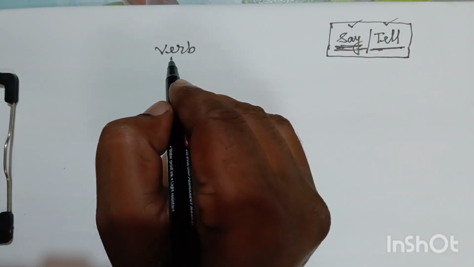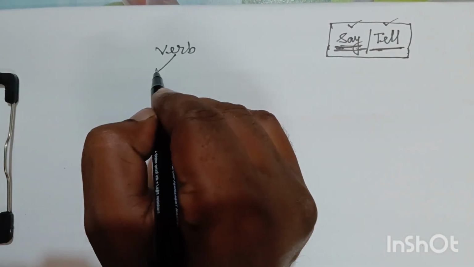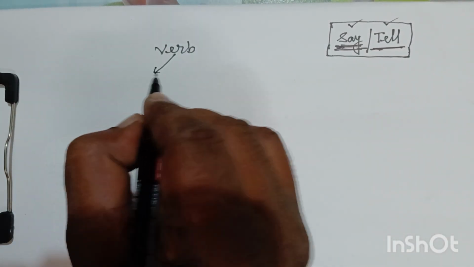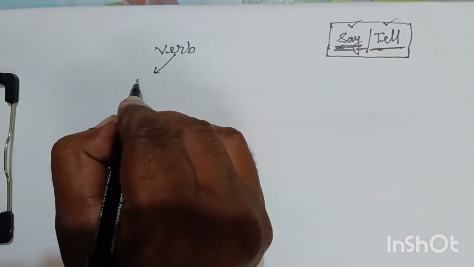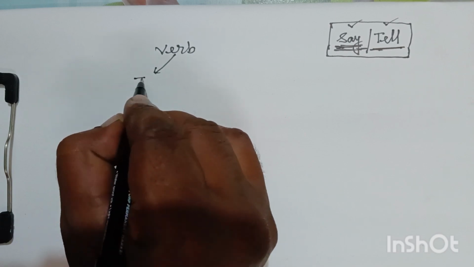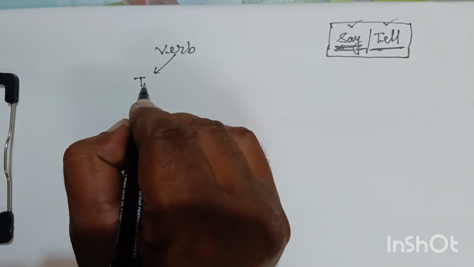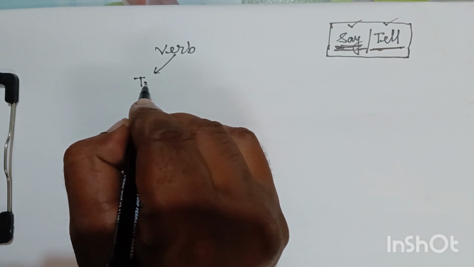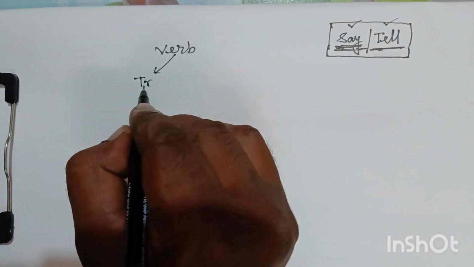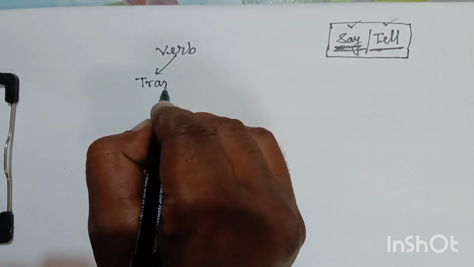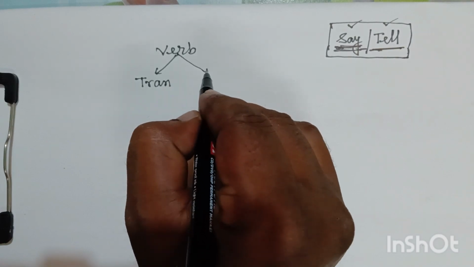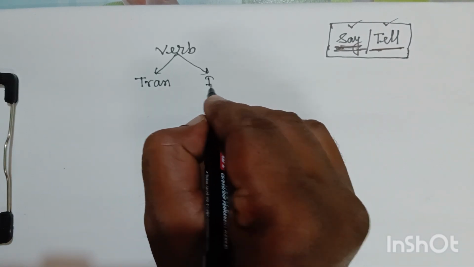Friends, you know the verb may be divided into two parts. Not only two parts, but here we have to discuss only two things. That's why I told you: the verb may be transitive and the verb may be intransitive.